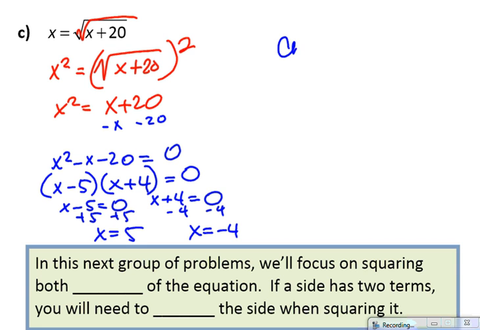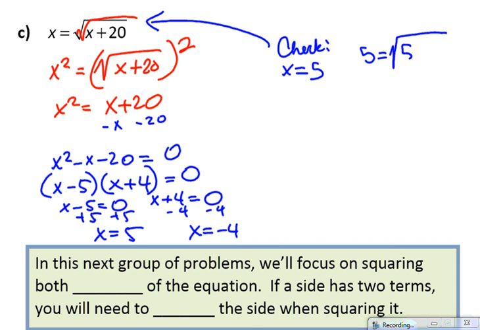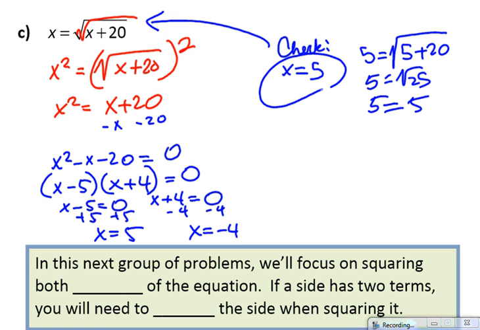So when I check, let's check x is 5. That is going to give me 5 is equal to the square root of 5 plus 20. So 5 is equal to the square root of 25. 5 is equal to 5, so that checks.